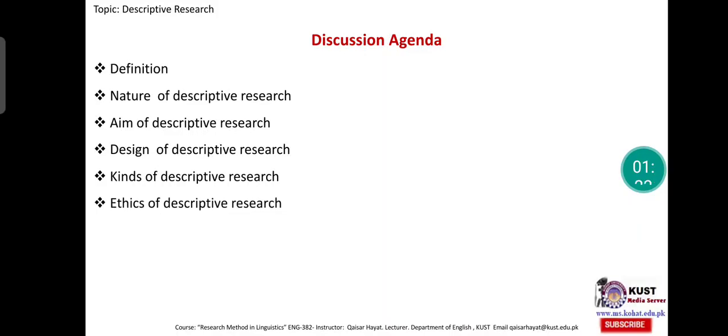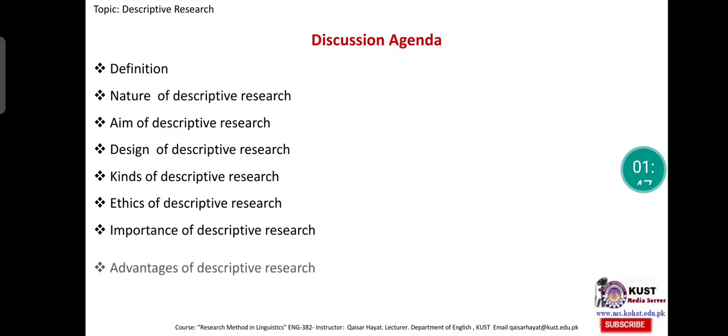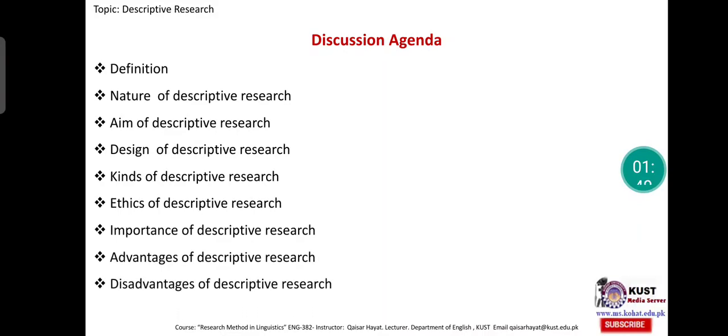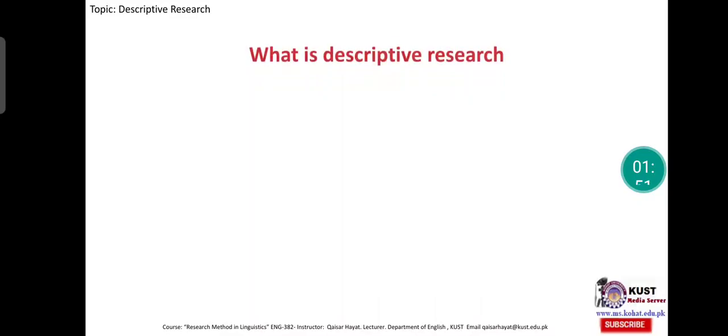Basically, the observation of ethics is quite necessary because it would definitely affect the reliability of our research. After ethics, there is the importance of descriptive research, why research is important, and what is the importance of especially descriptive research. Some advantages and disadvantages would also be discussed in today's lecture.